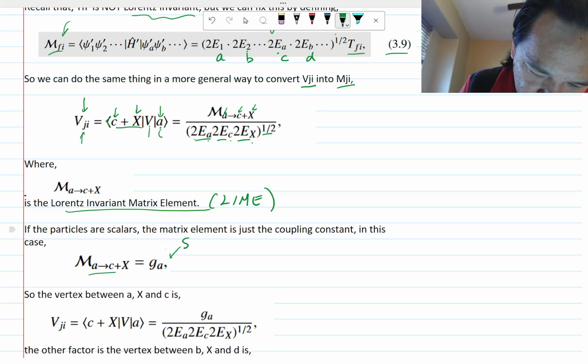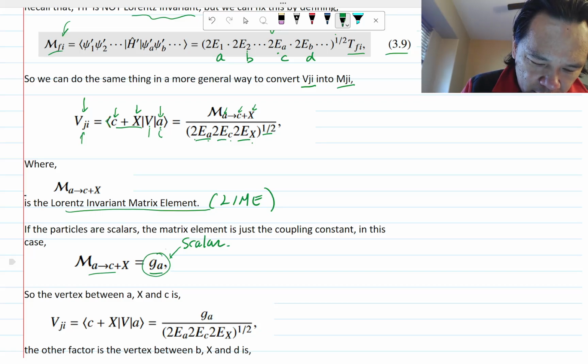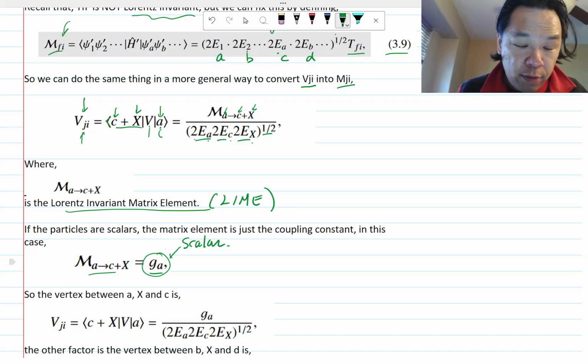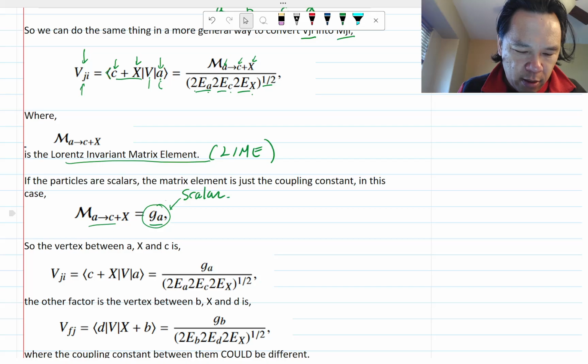This number can be measured by some experiment, and once you measure it once, you know what that interaction matrix element is, and then you can use it in your calculation. So in this case, let's just call this number GA. This could be a complex number, but it's still a scalar, so you don't have to deal with any matrix multiplication or anything like that.